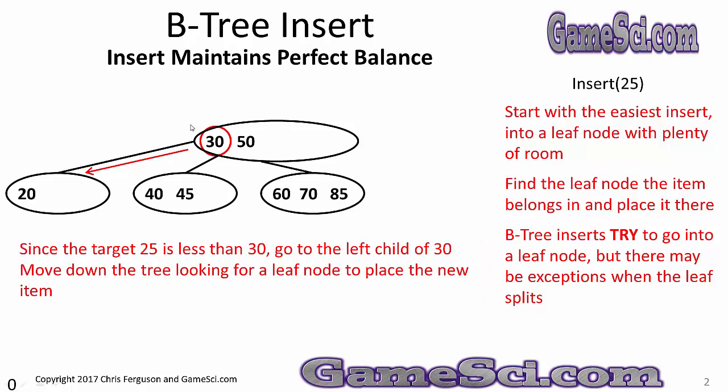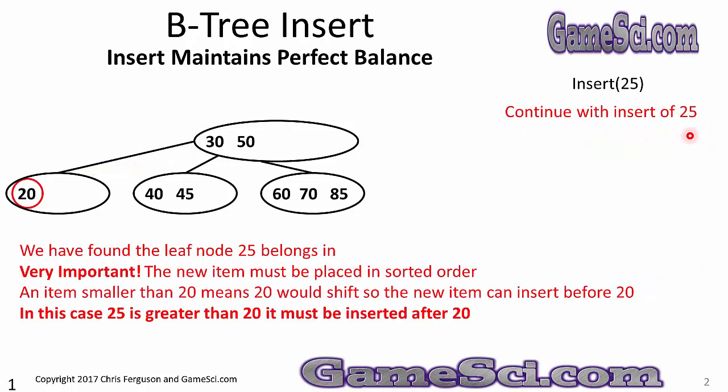Since the target 25 is less than 30, we will go to the left child of 30, moving down the tree looking for the leaf node to place the new item. Continuing with the insert of 25, we have found the leaf node that 25 belongs in.